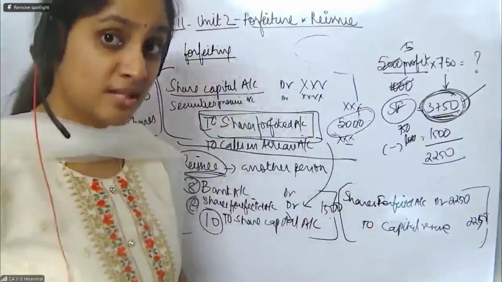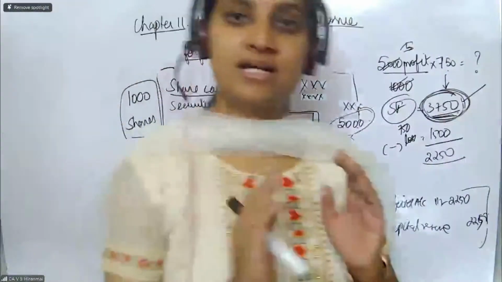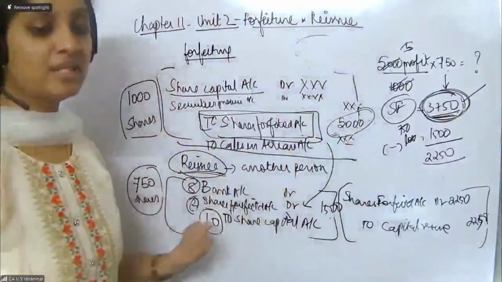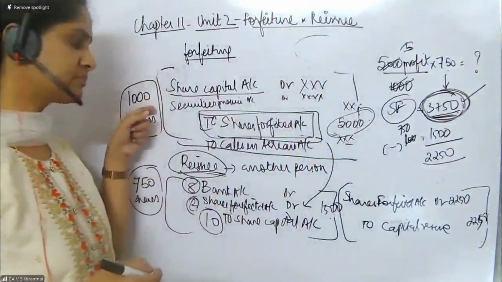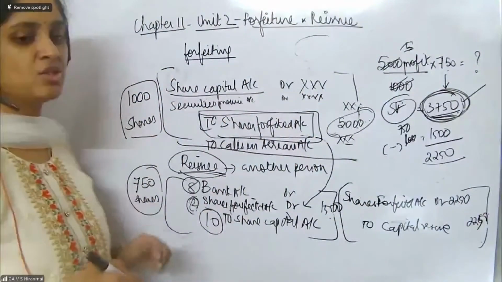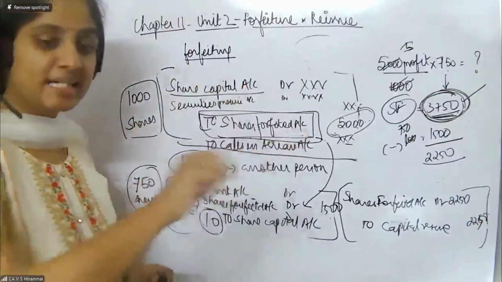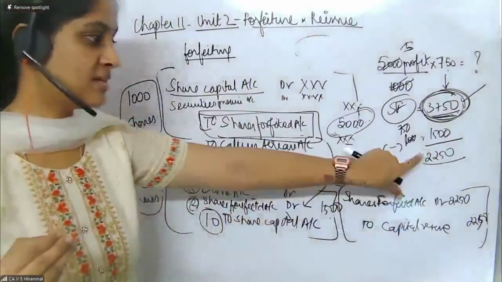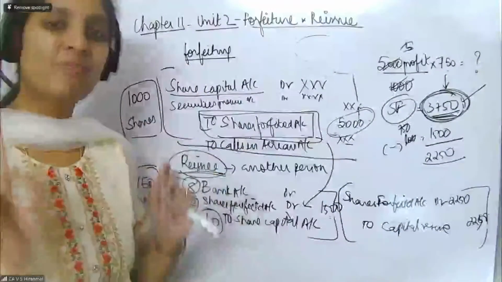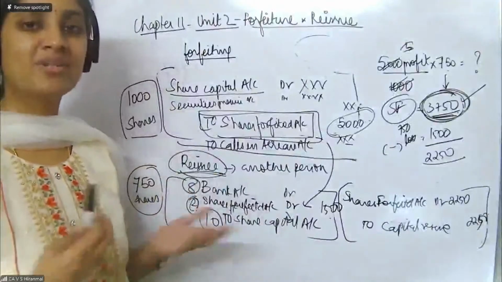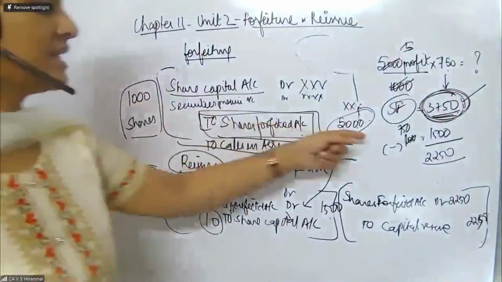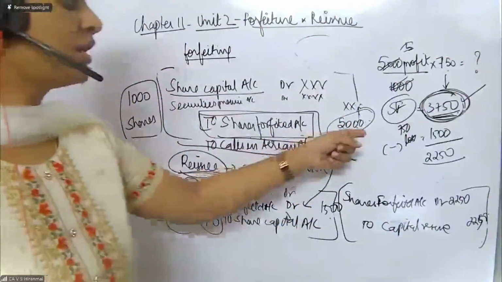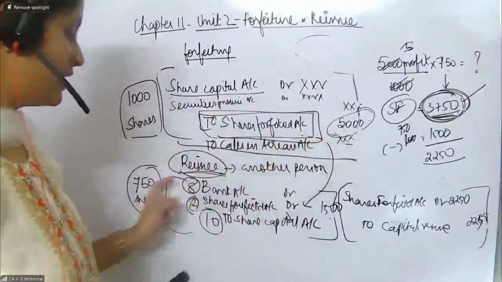But sometimes here the major adjustment is that the entire shares forfeited need not be reissued. A part of them can be reissued. Like in this example, out of 1000 shares I can reissue only 750. In that case, for finding out the value of capital reserve, I should go for the working note. What is the simple logic of the working note? Simple. For 1000 shares he has paid 5000. So for 750, what is the corresponding value I have to find?